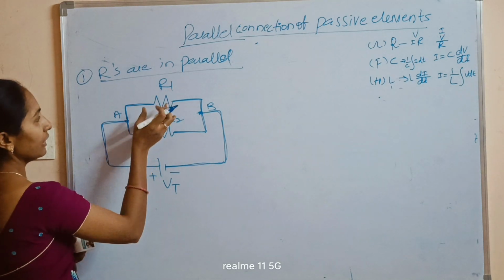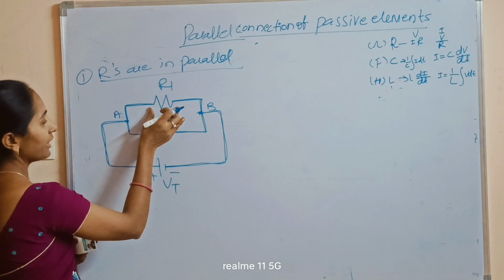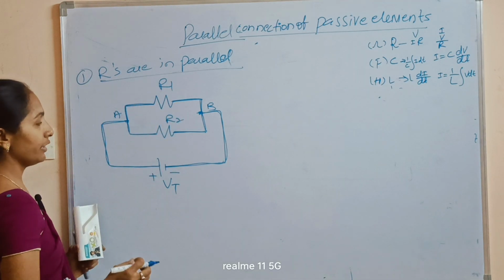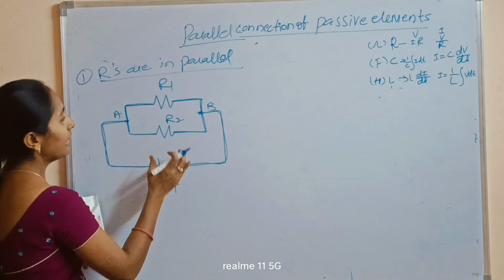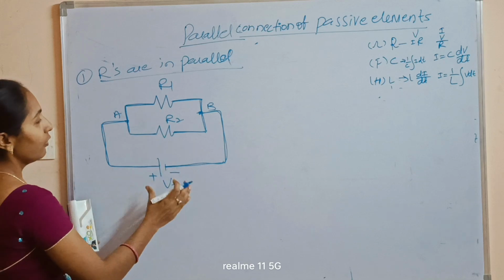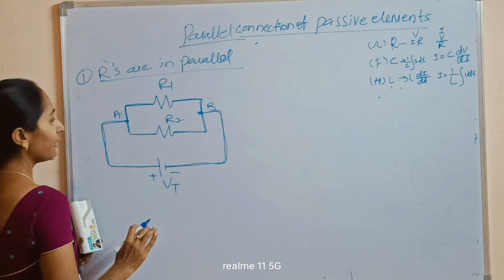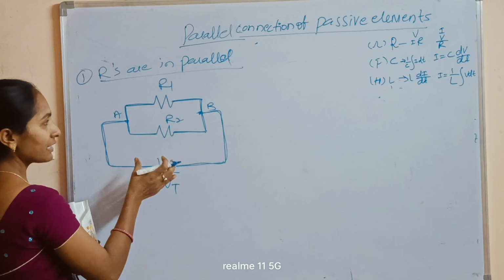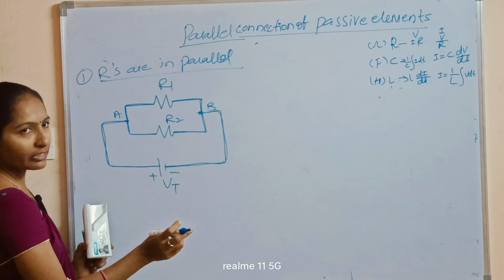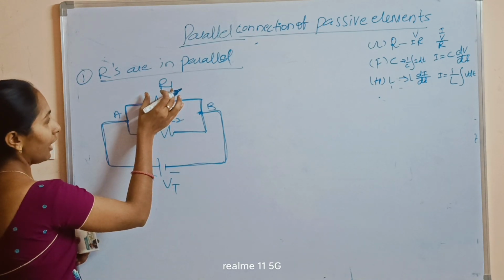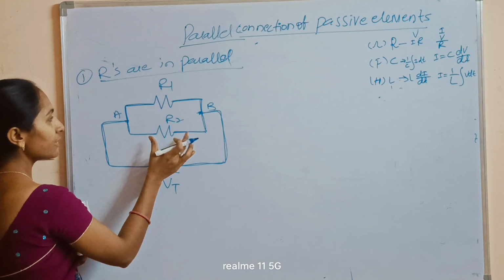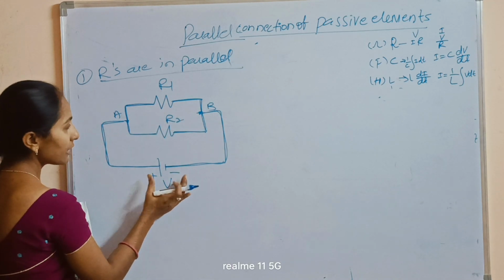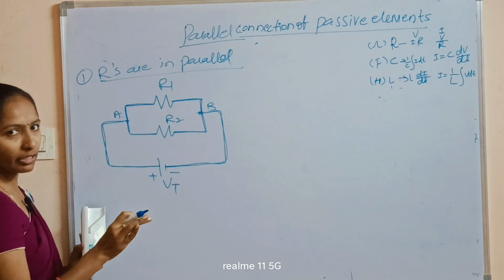So the voltage across R1 is the same, the voltage across R2 is the same, and the voltage across the total is also the same. In a parallel connection, voltage must be the same. Why? Because voltage is the potential difference between two points. R1's two terminals are connected at A and B, R2's two terminals are also connected at A and B, and the supply is also connected at A and B terminals only.